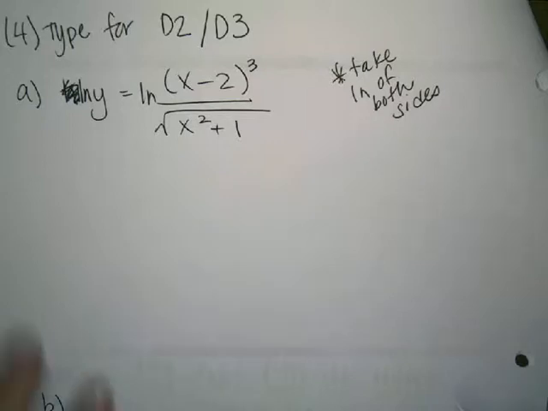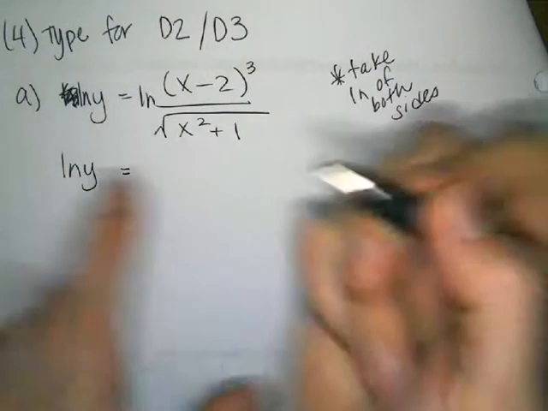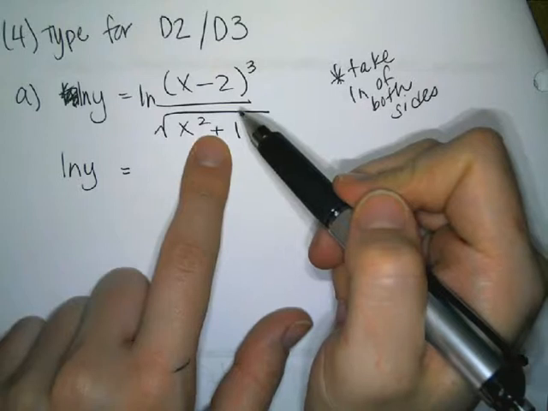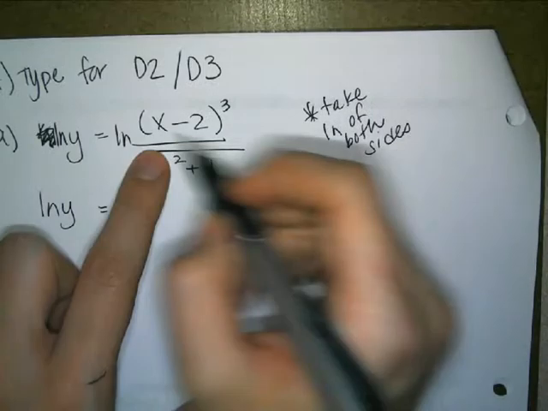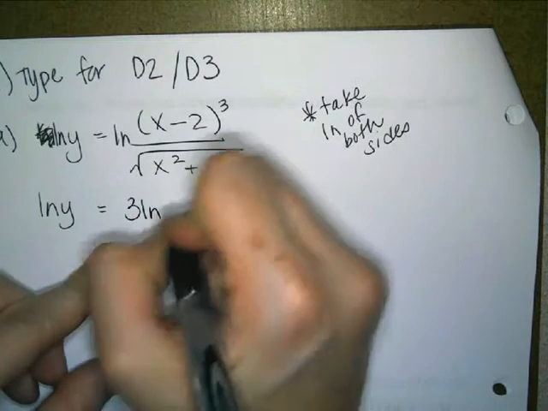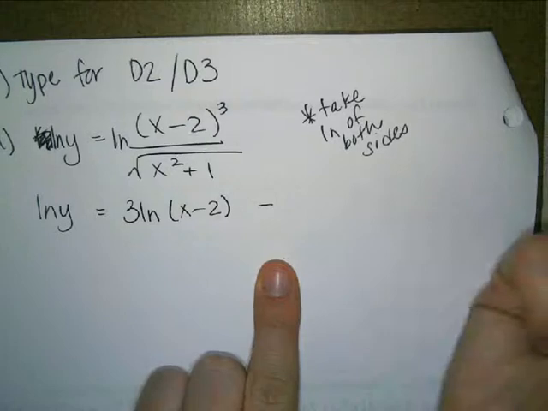Okay. So, ln of y is going to stay ln of y over here. This is a quotient, so I'm going to break apart this quotient by using the properties of logs. That is going to be my first argument, but that 3 can come out in front, so I'm going to have that expression minus.